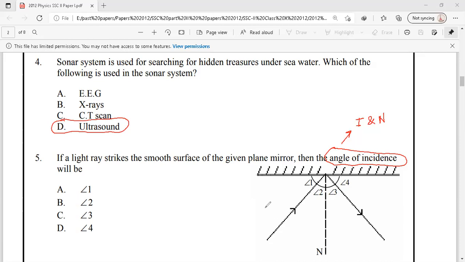This is our normal line. This indicates the incident ray, and this is the reflected ray. The angle formed between the incident ray and the normal is angle 2, and this is the angle of incidence. So the correct answer for question number 5 is option B.